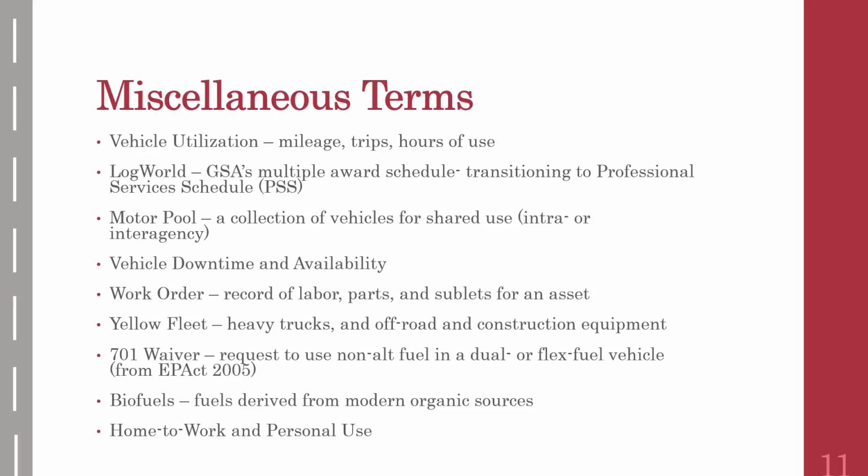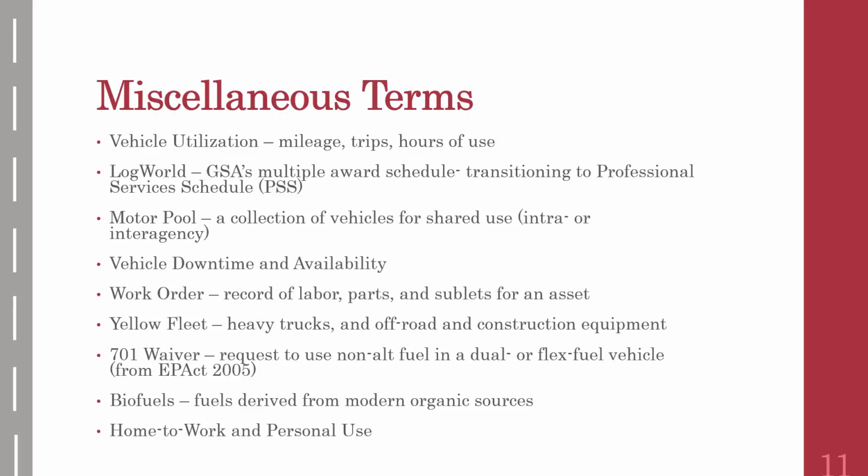I use the term modern because most petroleum fuels are actually derived from organic sources, but from fossilized sources or sources from millions of years ago. So when we talk about biofuels, we're typically talking about those that are sourced from soybeans or animal fats or grease or whatever, or corn in the case of ethanol.